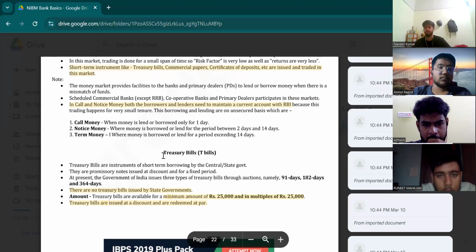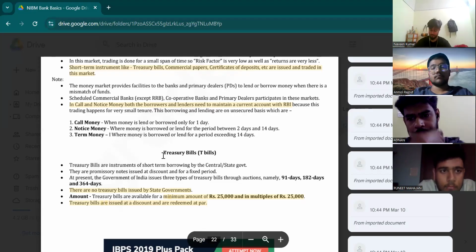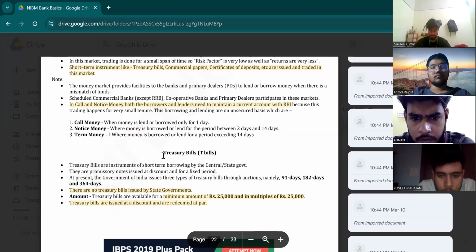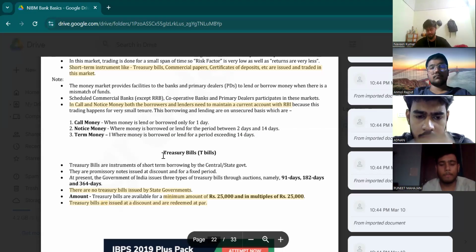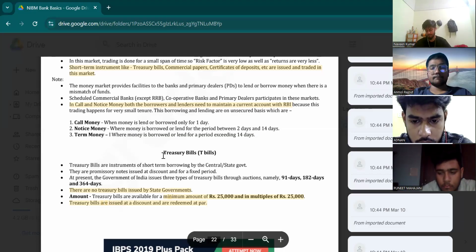You deposit 100 rupees, they give 5% interest, and after 1 year they return 105 rupees. But this is not the case with a T-bill. You deposit 95 rupees initially, and at maturity you get 100 rupees. The 5 rupees is the same, but the manner is different.